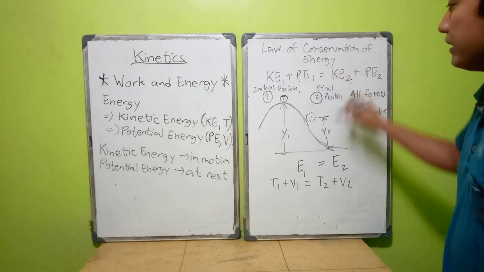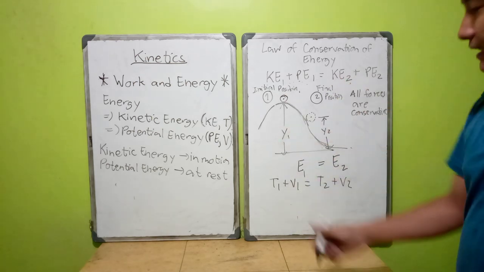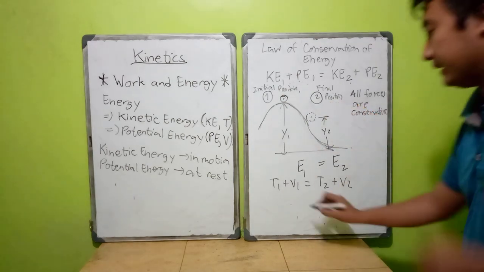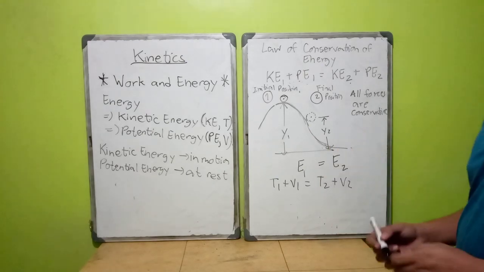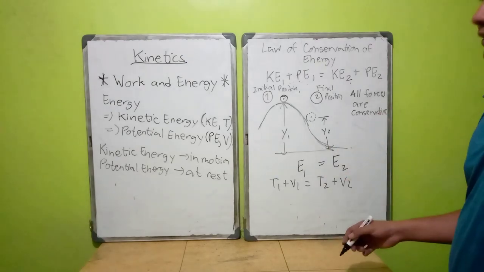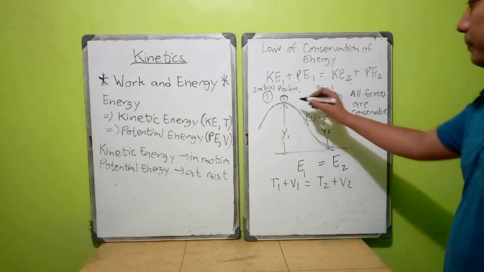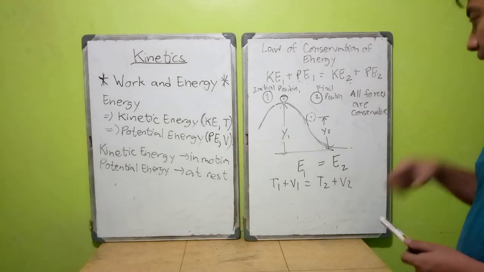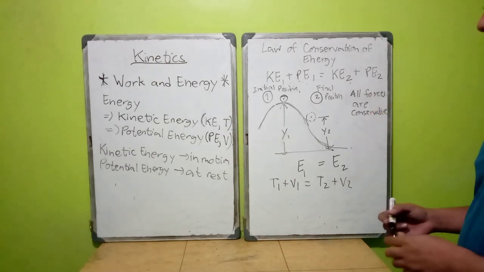So we are talking about its position relative to the y-axis, or any axis, x-axis or y-axis. So it's not dependent on the path. That is, all forces are conservative.